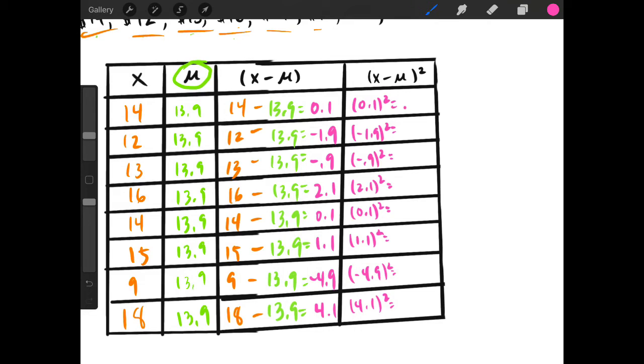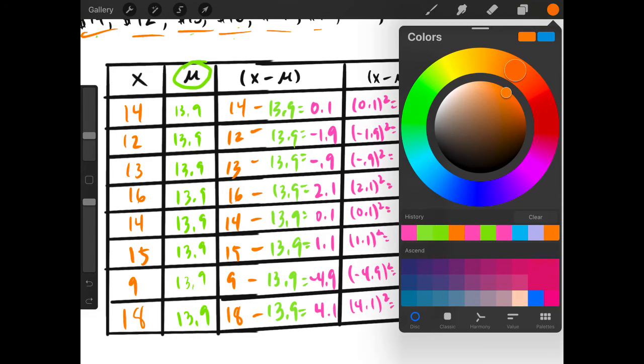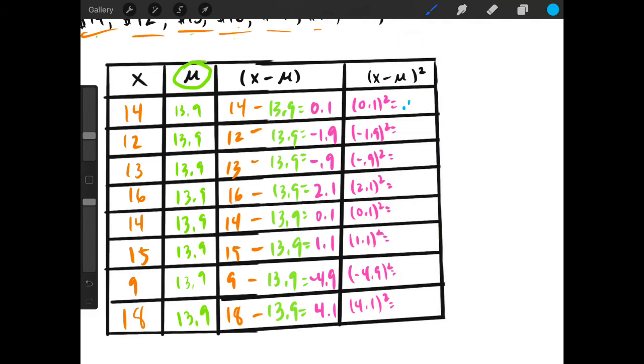Again, you're just going to go 0.1, hit squared in the calculator. That's 0.01. Here, maybe I should use a different color. We'll go blue. 0.01. Now we go negative 1.9 squared, 3.61. Now when you do these, every time you square something, it should come out to be a positive number.